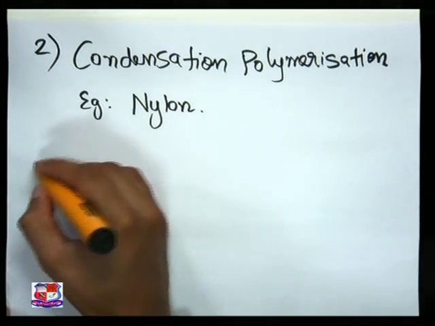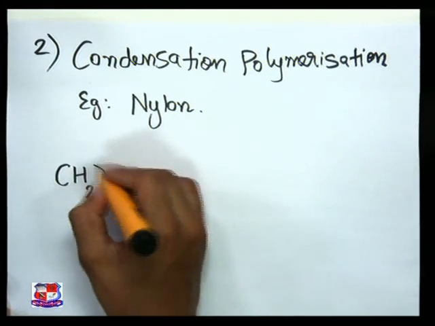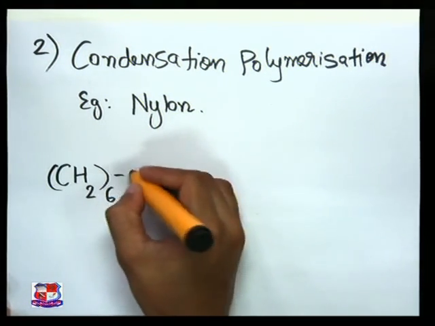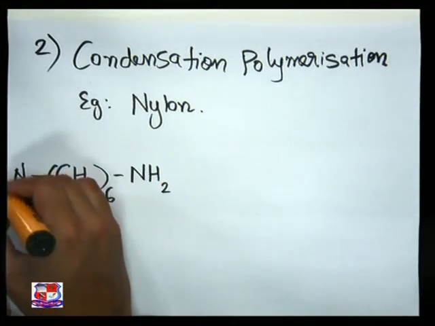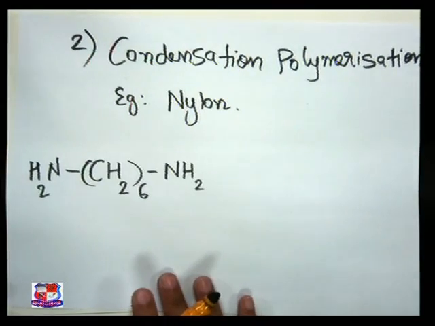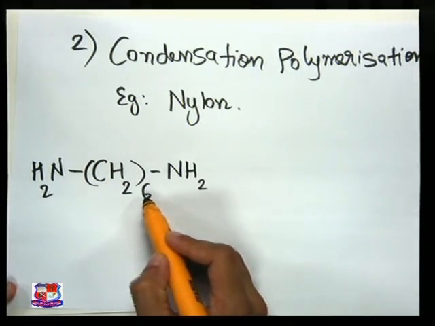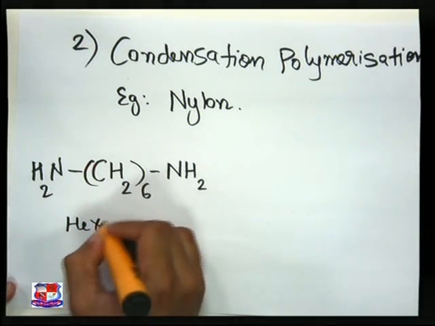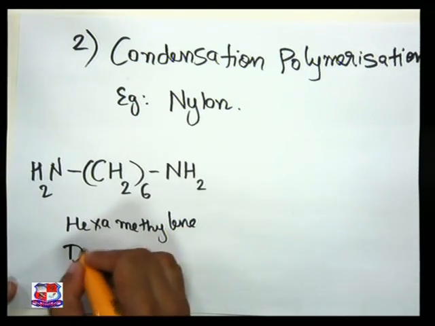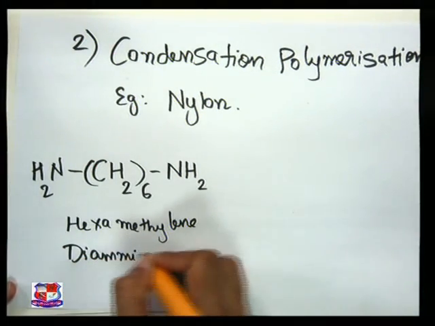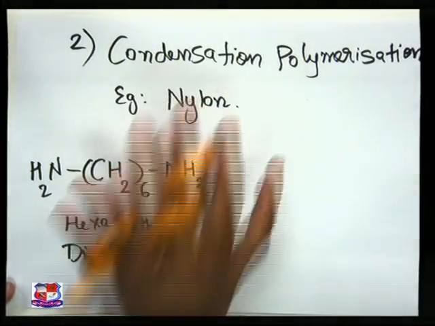Basically, the monomers that are taken, I am drawing the structure: CH2, 6 times, NH2, NH2. You can see here in the reaction process we have this compound that is known as hexamethylene diamine. This is the compound that we are taking, one of the monomers to form our nylon.